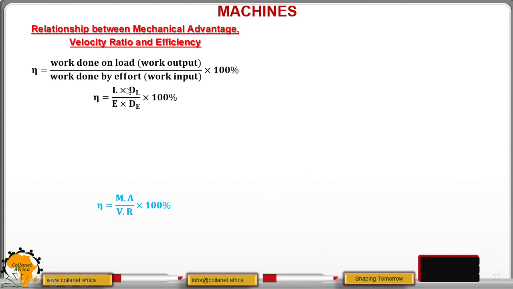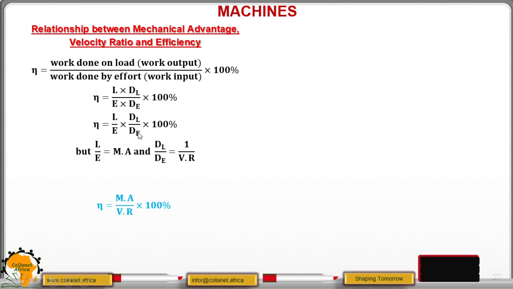Work done by the effort will be effort times effort distance. But if you look at this part, load over effort is mechanical advantage, and dL over dE is 1 over velocity ratio, because velocity ratio is the distance moved by the effort divided by the distance moved by the load.